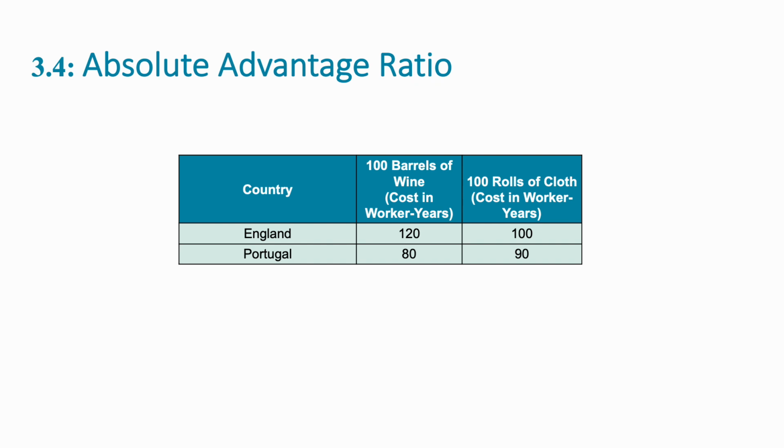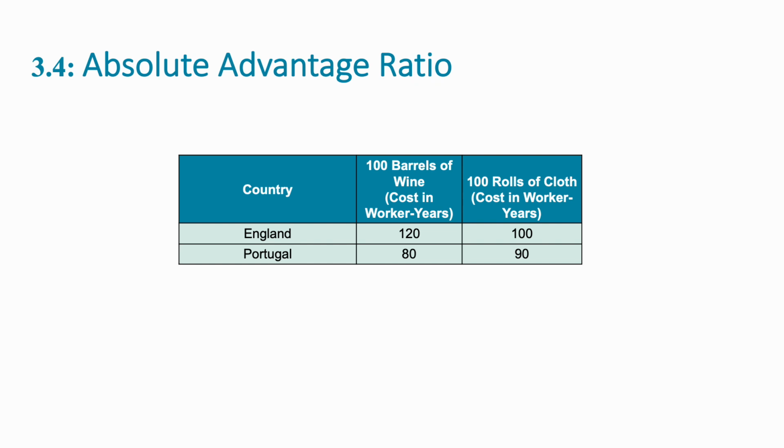And then Portugal, even though it has the advantage on cloth, if they focus all of their attention on the winemaking and England makes the cloth, that's how they trade, and they don't have to use worker hours making the cloth there.